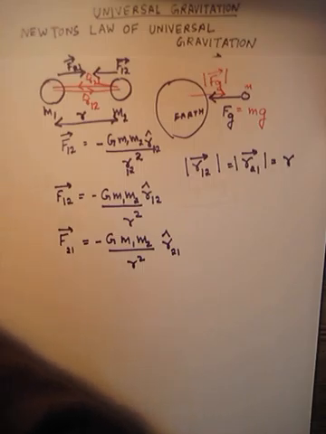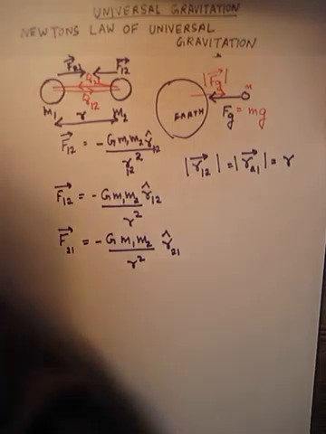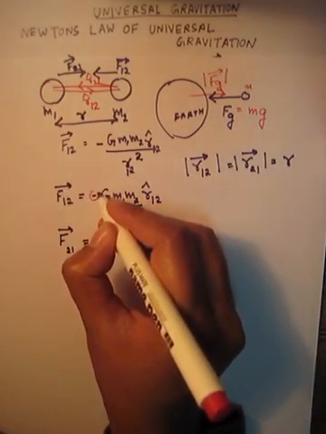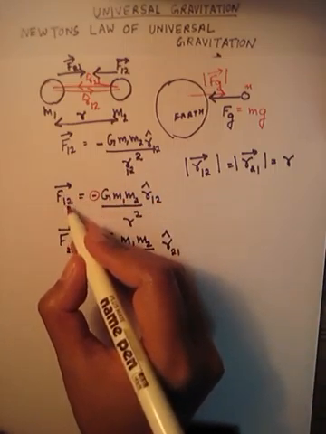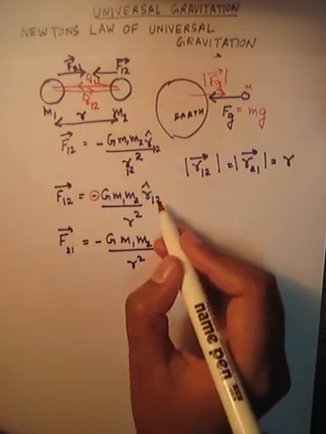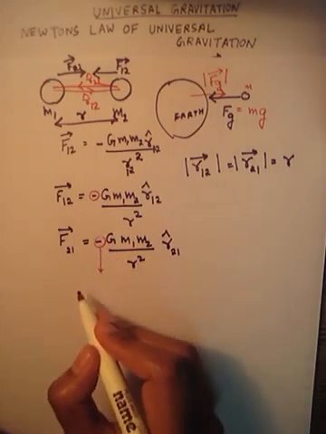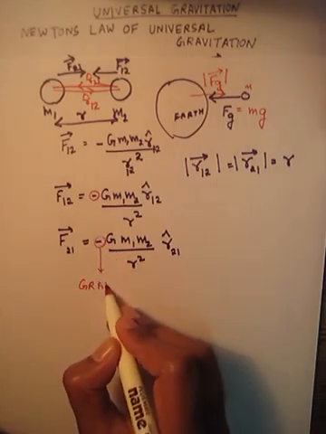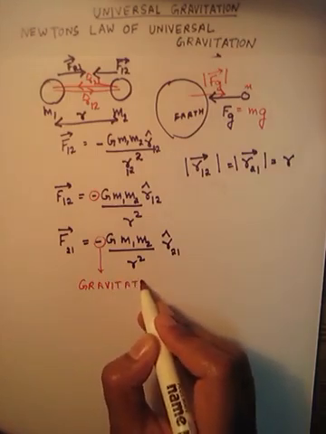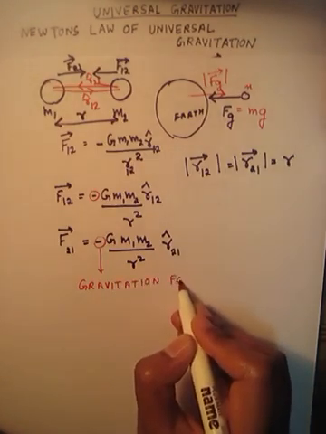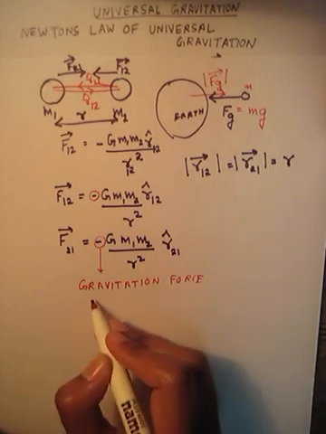When we try to understand this expression, this negative sign means that F12 and R12 are opposite to each other. It also means that the gravitational force is always attractive.